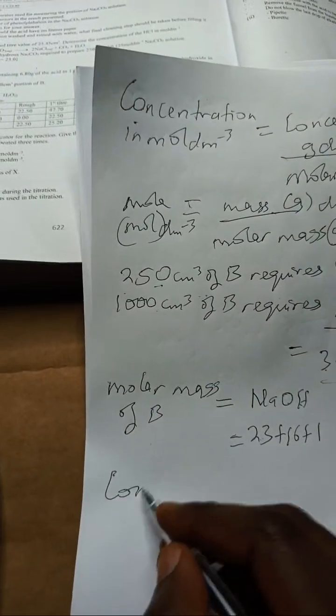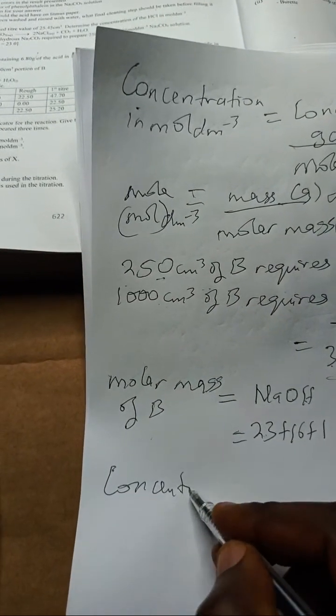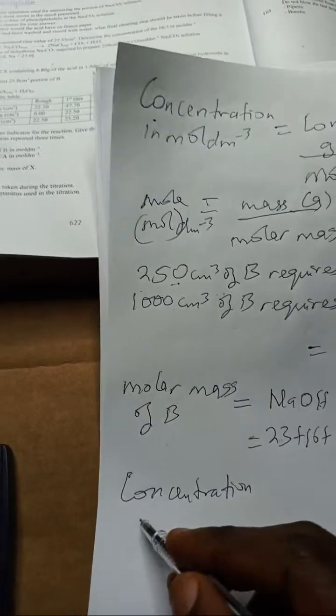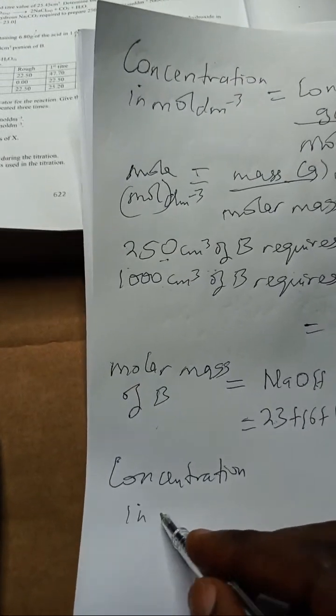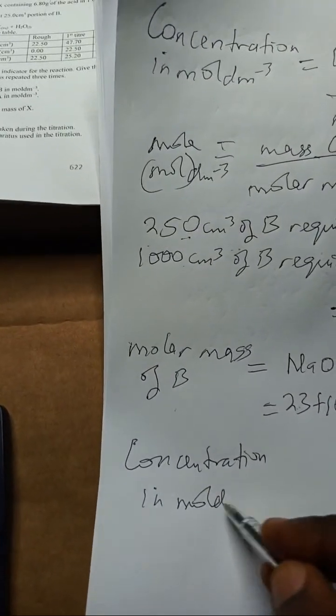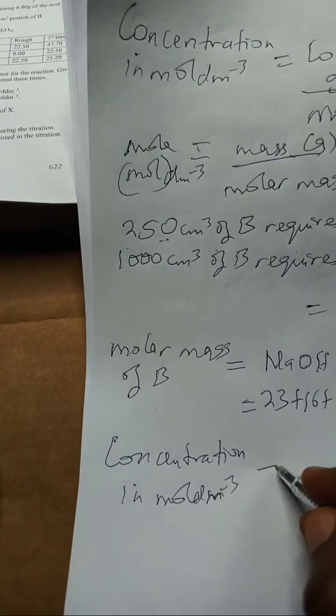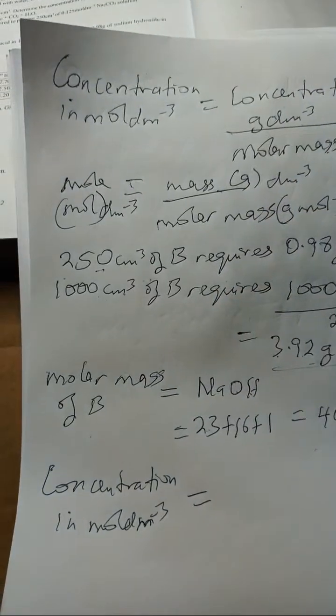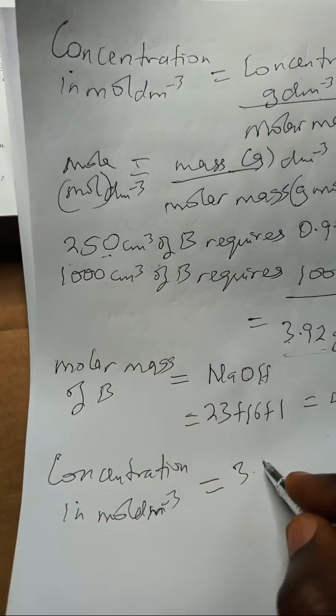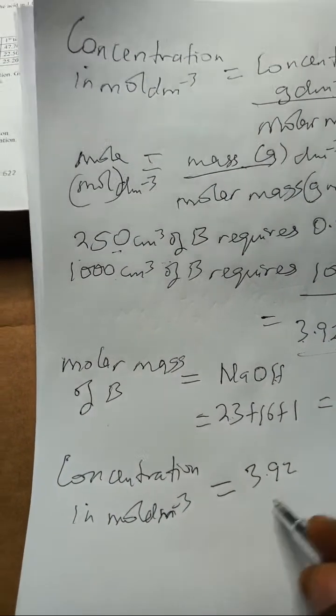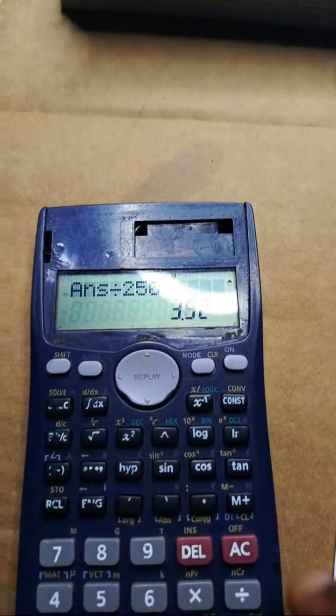So concentration in moles per dm cube of B will be equal to gram per dm cube 3.92 divided by 40.